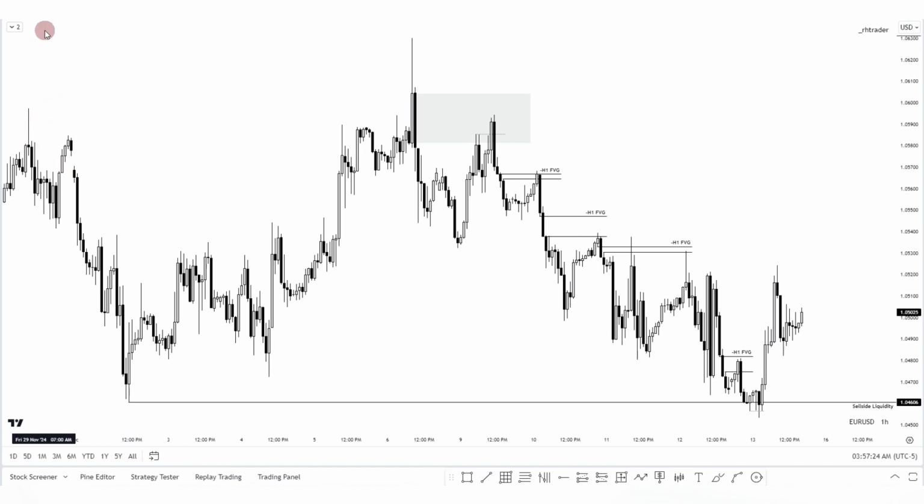So what you need to first understand is these fair value gaps give you a clear direction on where the buy model or the sell model might finish or begin.